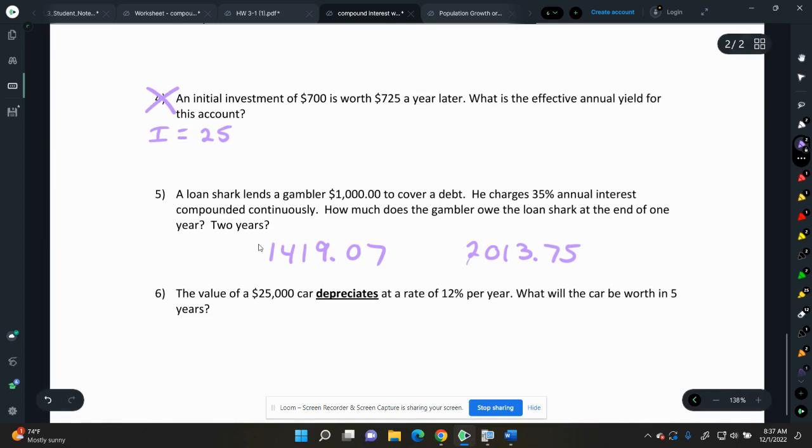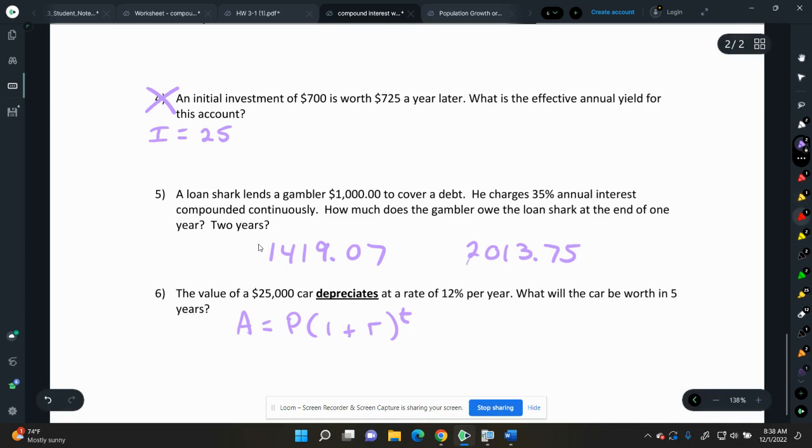The last one. Okay, this one you had to think a little bit. So we're at $25,000. It depreciates at a rate of 12%, right? So our compound interest formula, if you remember when we first started talking about all of this, this is actually an exponential formula.